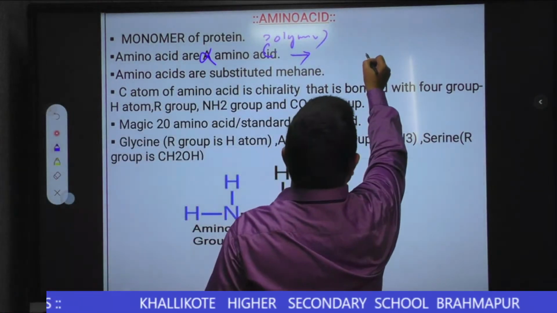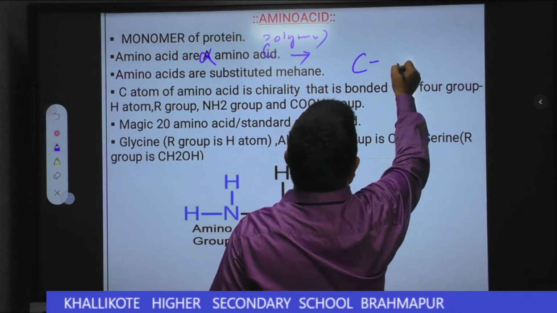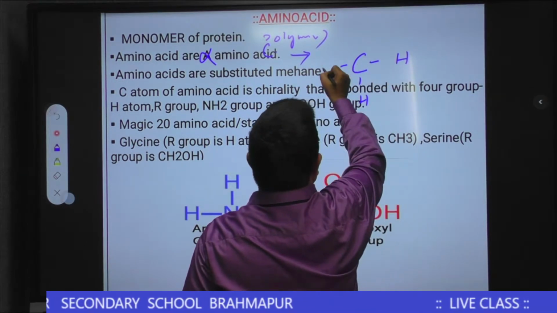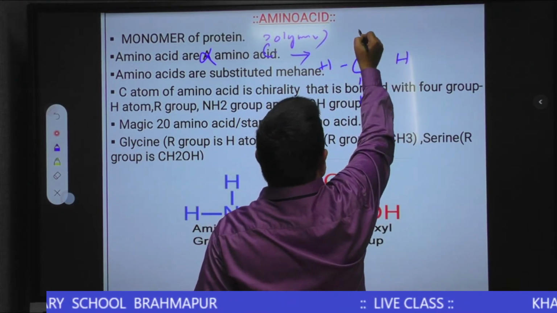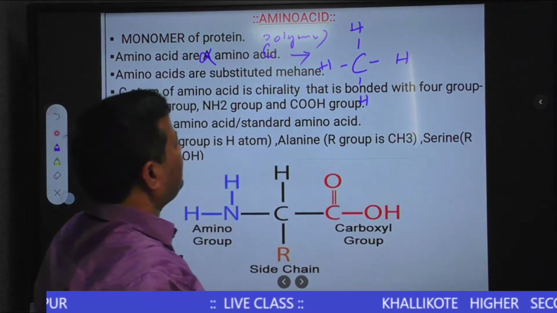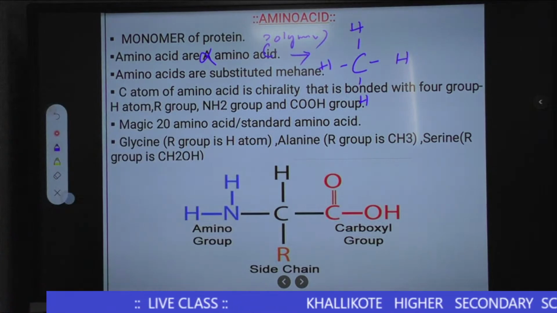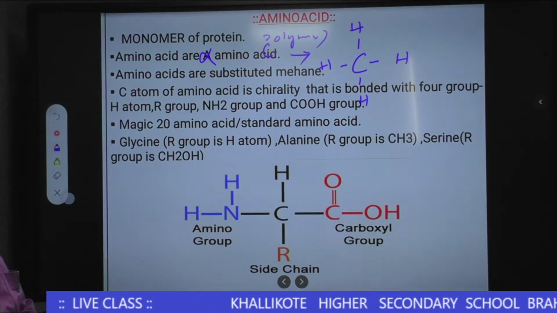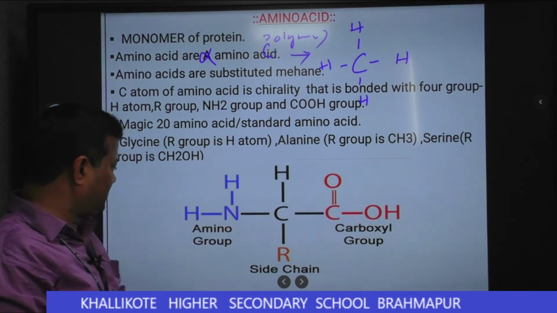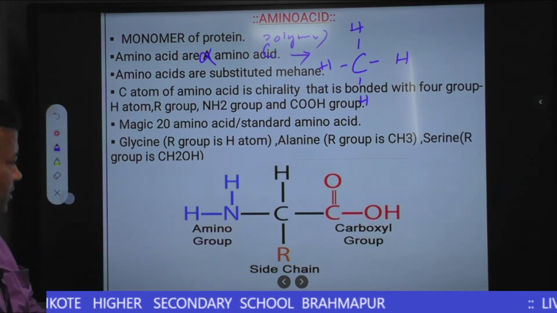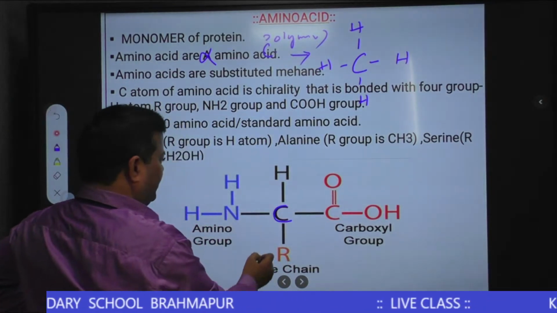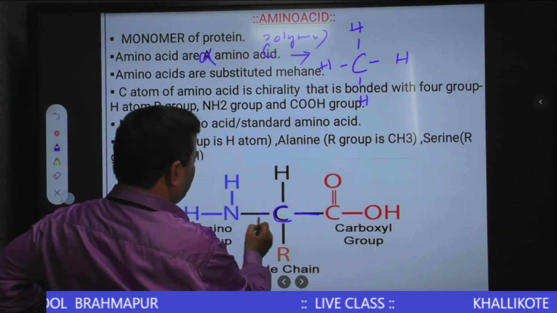We know the structure of methane: four hydrogen atoms bonded with a carbon atom. Similarly, amino acids are substituted methane. The structure of the amino acid is given on the board; this is called the alpha carbon atom. It has four functional groups.